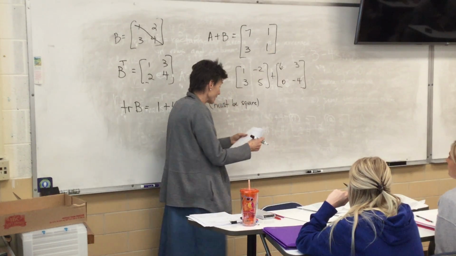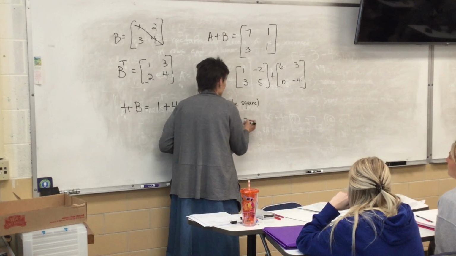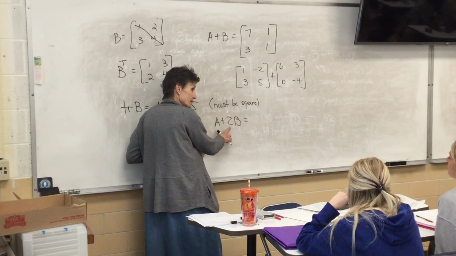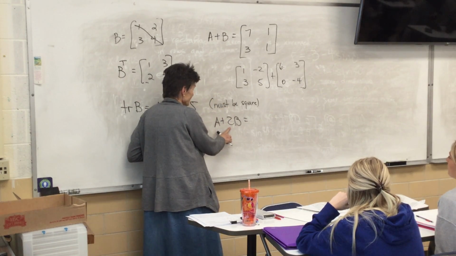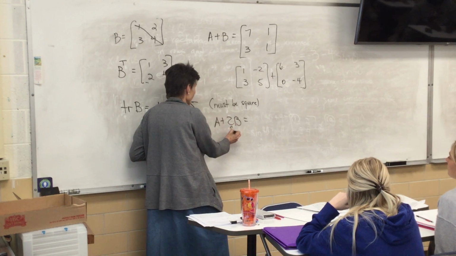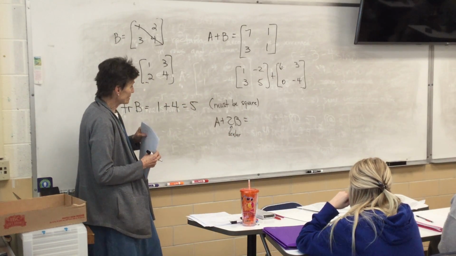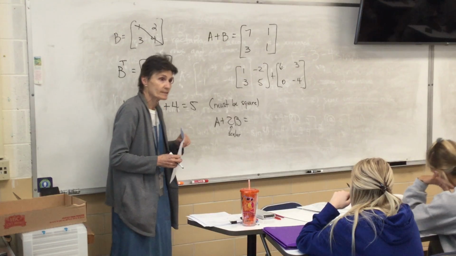Okay, we add them by adding corresponding spots, so they have to be the same size. Now, what about A plus 2B? Now wait a second, see that 2 right there? You might say, oh, it's a coefficient. Well, it is, but we call it a scalar, because it's just a number. And in matrix and vector land, numbers are called scalars.